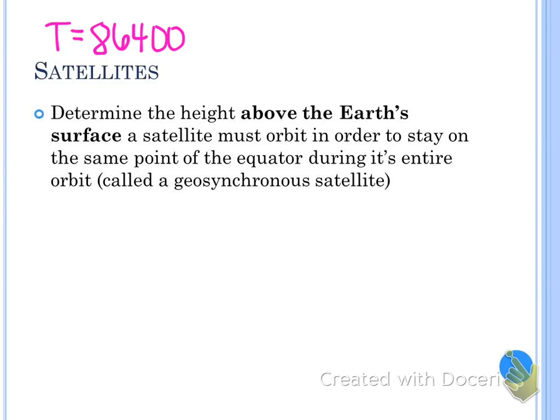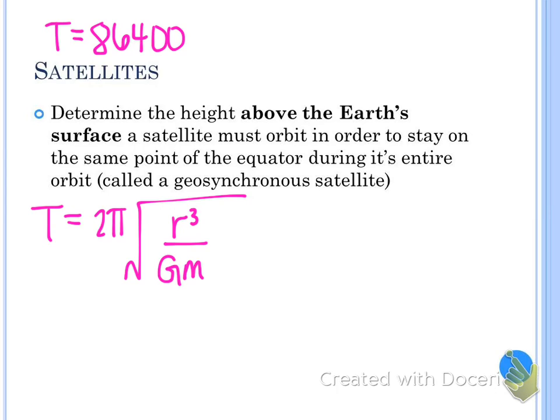Okay, so what equation do we have for T? 2 pi times the square root of r cubed over G M E. Is that right? Okay, so this is kind of just a plug and chug here.